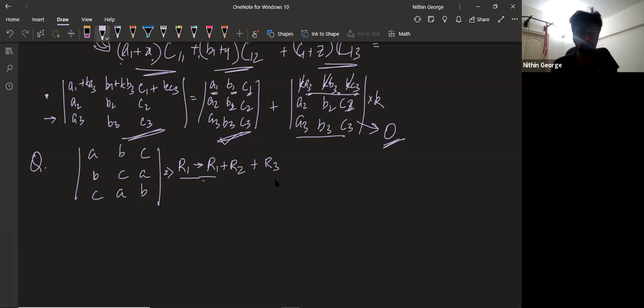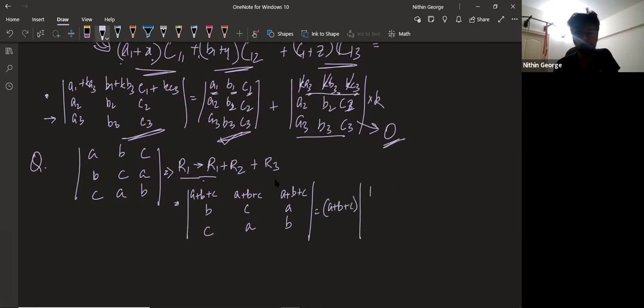Because I notice all of them have A, B, C separately in different order. So this becomes A plus B plus C, B, C, and then A plus B plus C, C, A, and then A plus B plus C, A, B. So from here, you can simply take A plus B plus C common outside. From the first row, there will be A plus B plus C, and then B, C, A, C, A, B. Hope all of you are with me here.